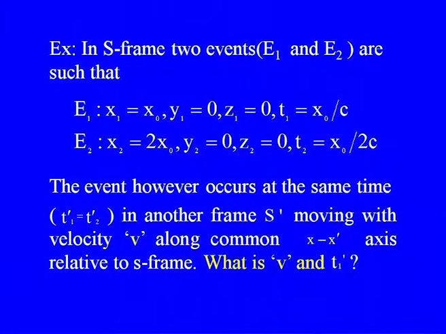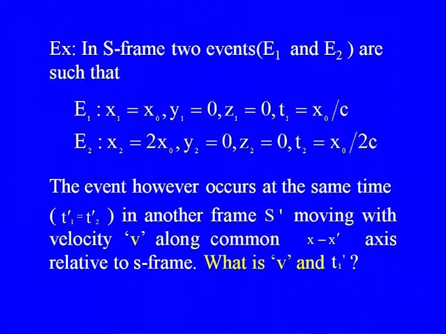So, here let us say E1 is happening at position x1 equal to x0, and y and z are 0 here. And E2 is happening at position 2 x0, and the time t1 is x0 by c, c being the speed of light, and t2 is x0 by 2c.